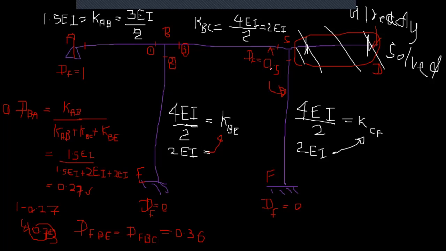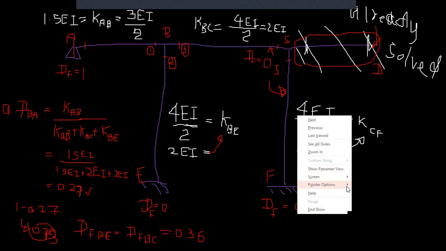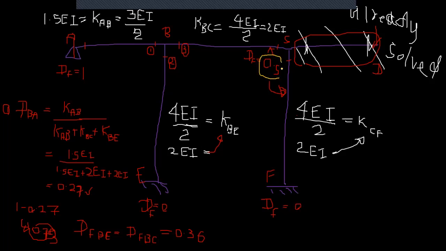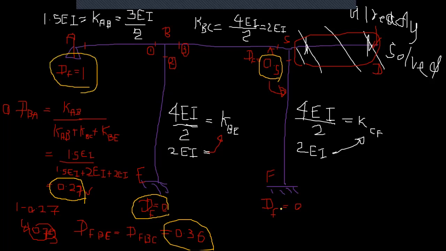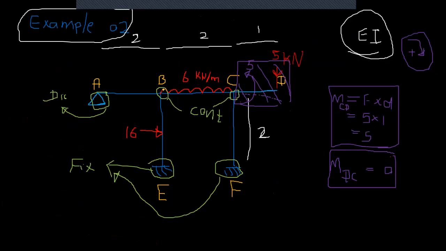Altogether it is 0.5, right? So I have taken the necessary values: 0.5, 0.36, and 0.27, the ones I required. Here the distribution factor is 0, then 1, then 0, right? So I'm okay. Now I need to find the fixed end moments.